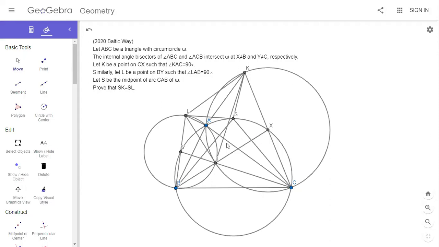Let's see. LIX is 90. KIY is 90. Yeah, we just want to show LASK is cyclic.